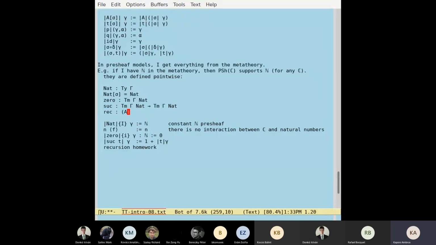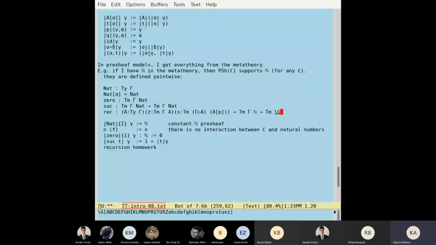If we have a type A, and then we have a Z, which is a Tm Gamma A, and then we have an S, which is a Tm of Gamma extended by A, and it has type A. Here I need to weaken this type. Then from a natural number, I get the Tm Gamma A, right?